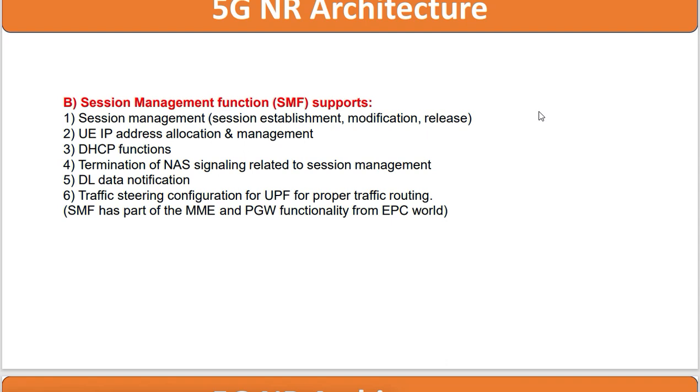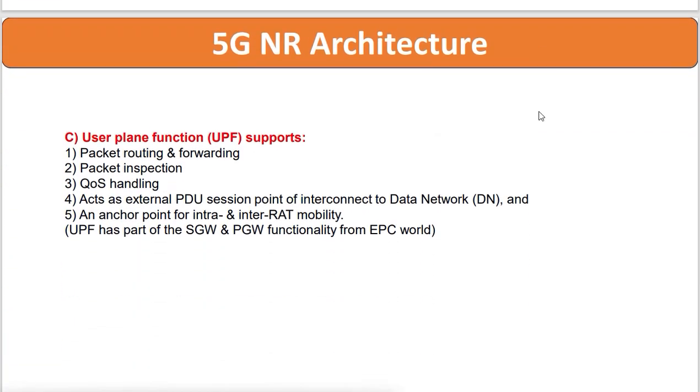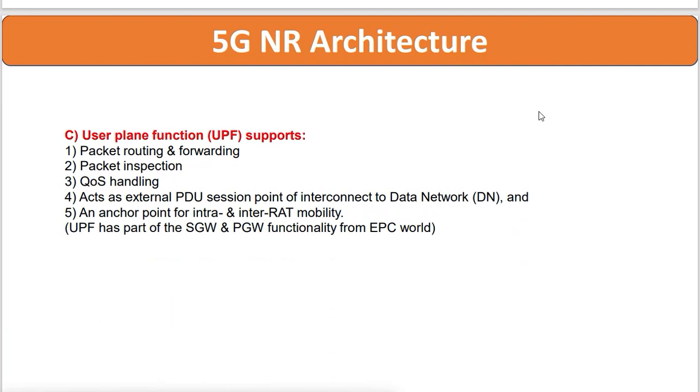While EPC is a name that comes from 4G LTE, Evolved Packet Core. Okay. Next 5G component is UPF, which is the user plane function, and its functioning is packet routing and forwarding, packet inspection, quality of service handling, and acting as an external PDU (packet data unit) session point of interconnect to the data network.